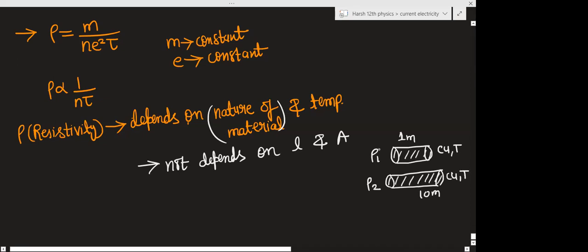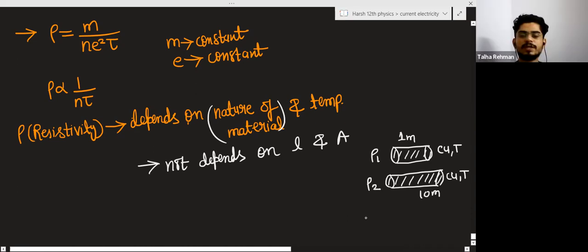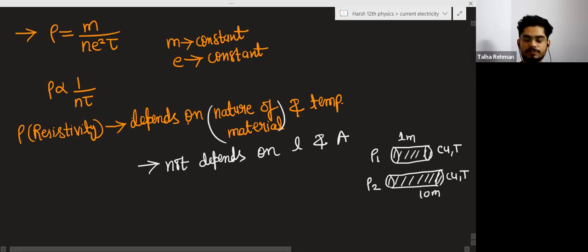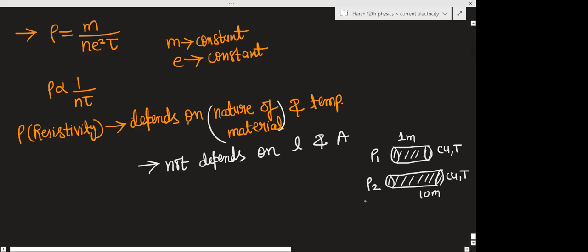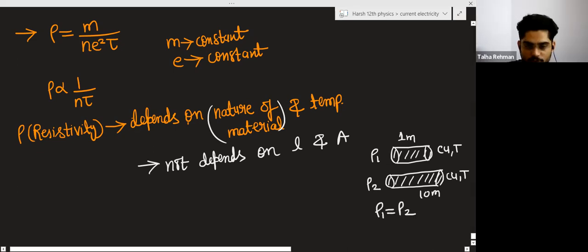Rho1 is equal to rho2. Very good, because resistivity does not depend on the area and the length, it only depends upon the nature of the material. Here the material is the same and the temperature is also the same.